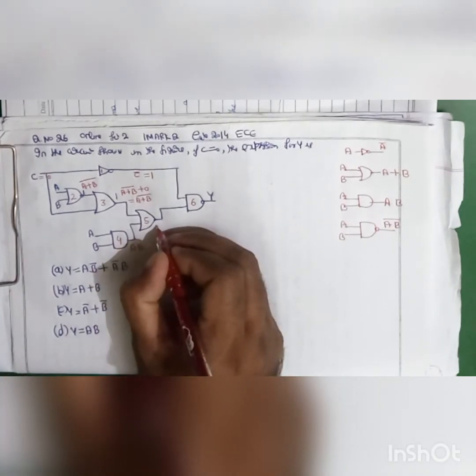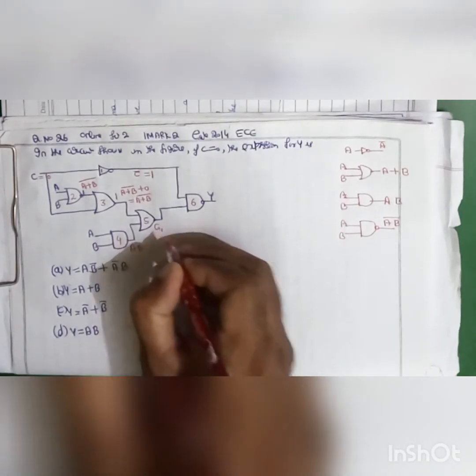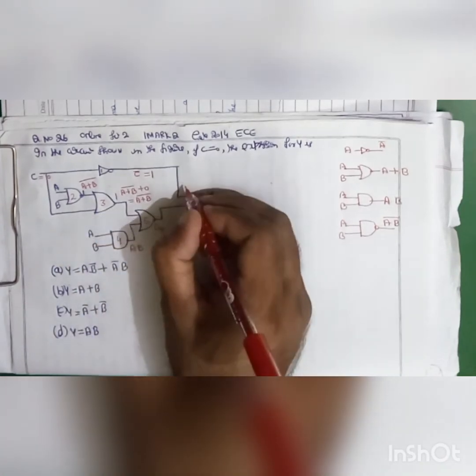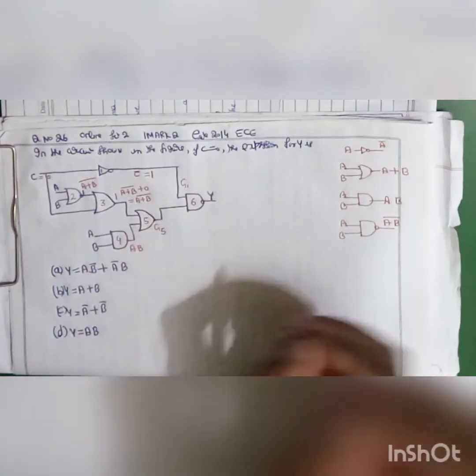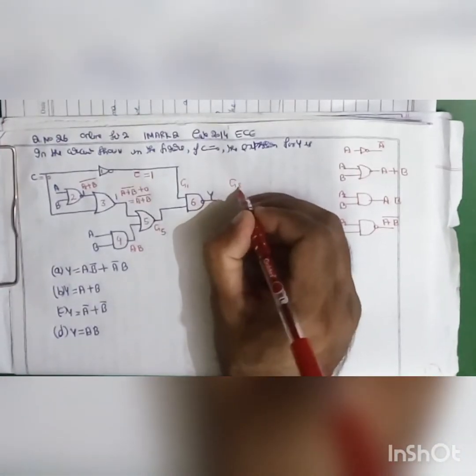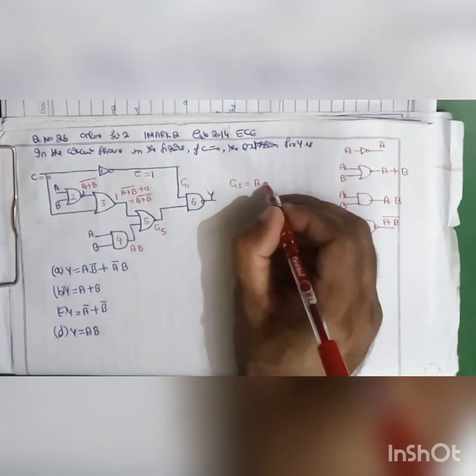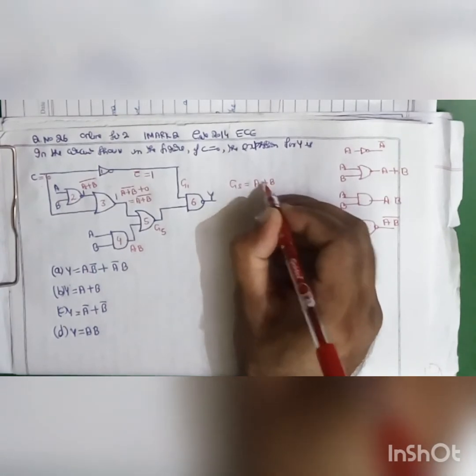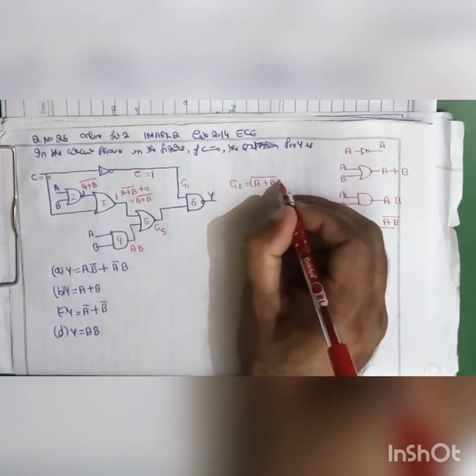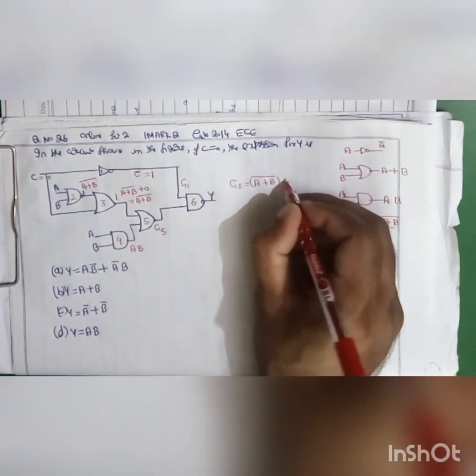So the output of gate 5, let it be G5, will be A or B whole bar or AB.